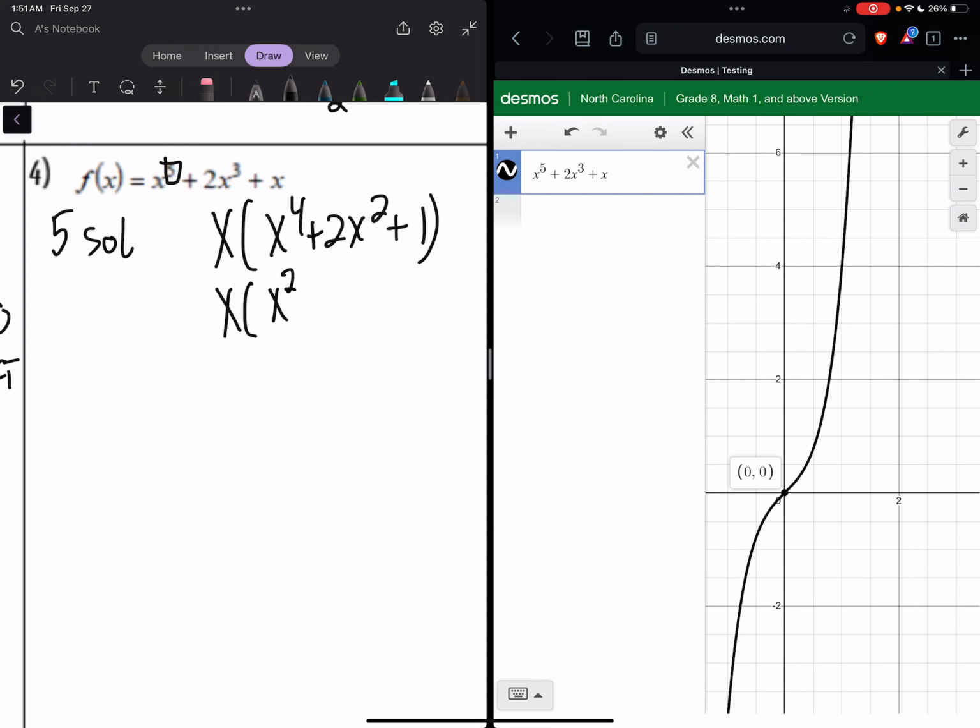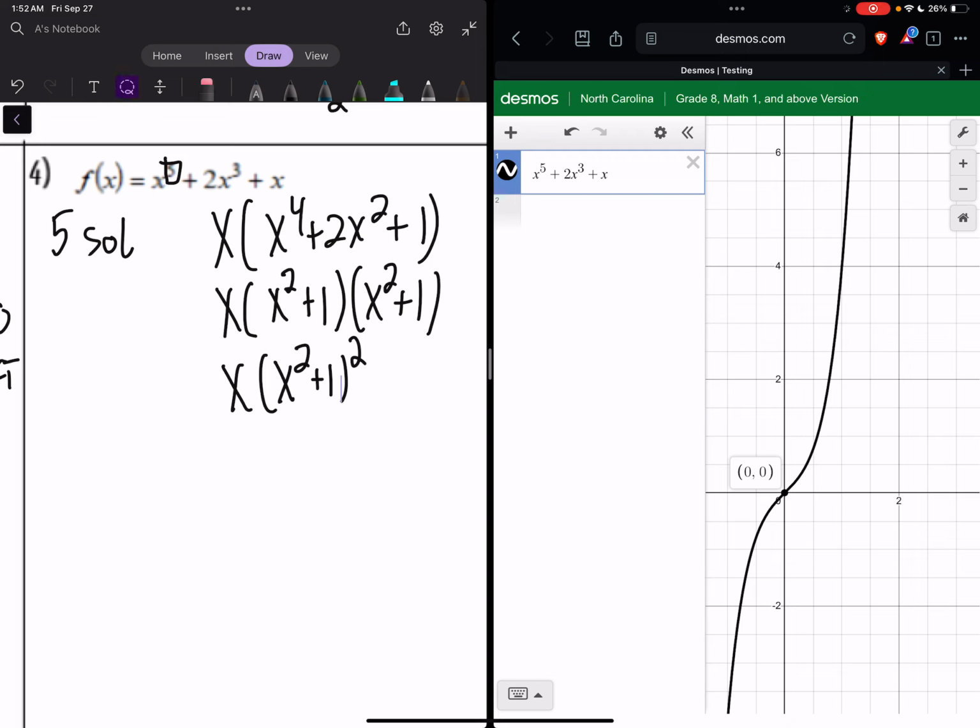This is going to be x squared, my factors I'm going to use is plus 1 and x squared plus 1. I could say this is going to be x squared plus 1 squared.